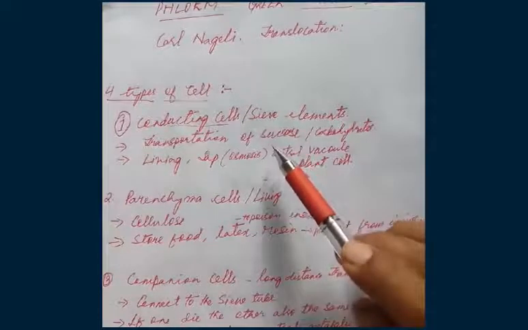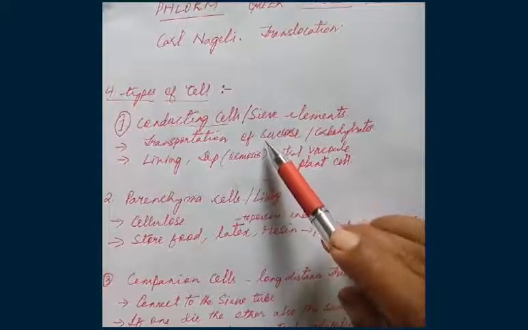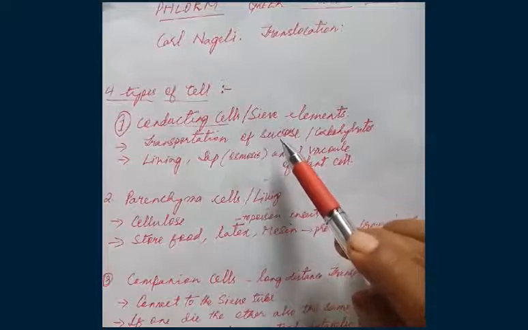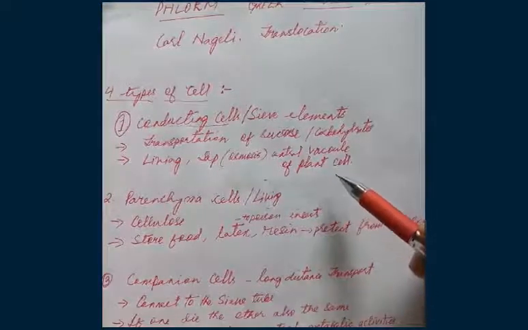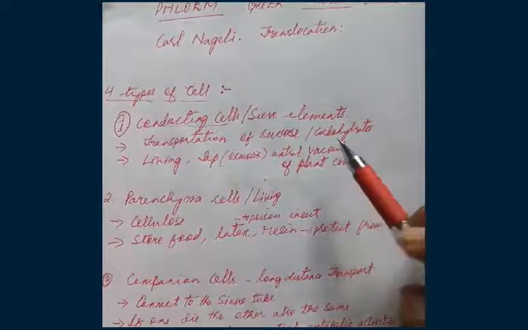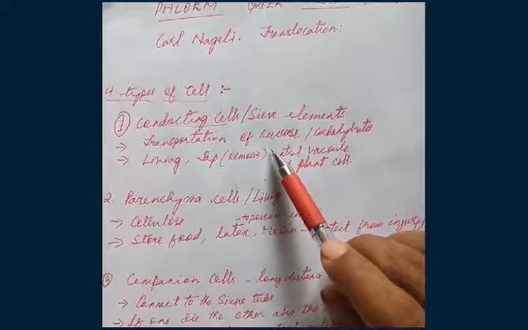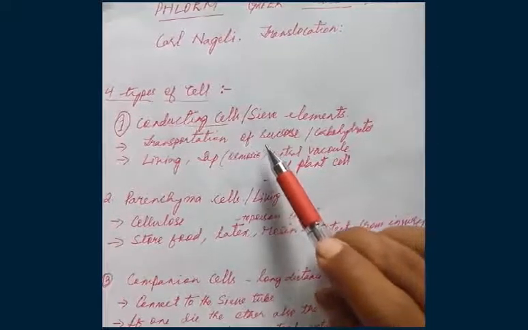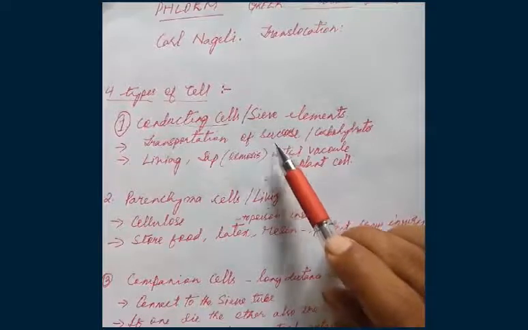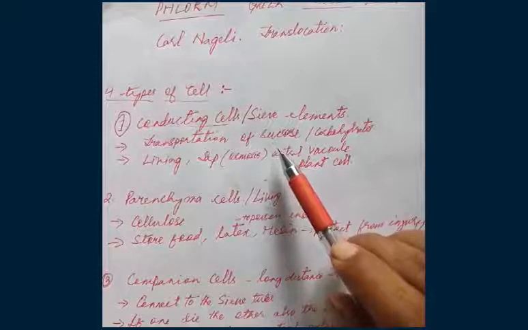You might be surprised why they transport sucrose instead of glucose. It is because it is energy efficient. That means when you transport sucrose, you require less energy as compared to glucose.